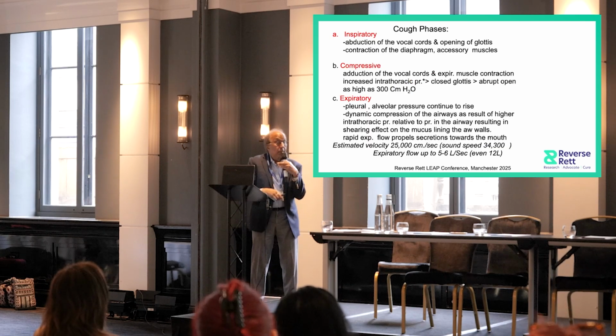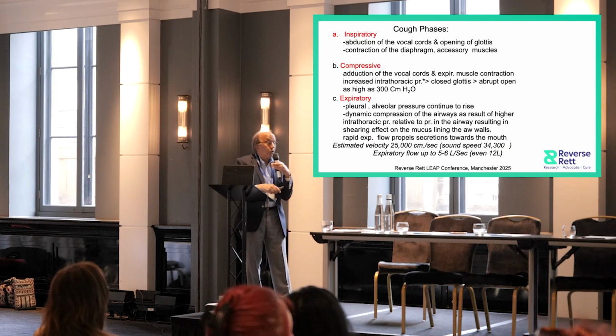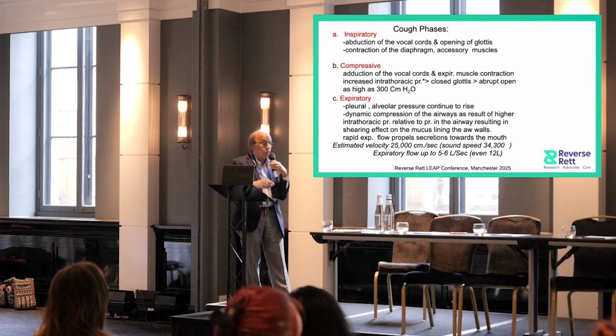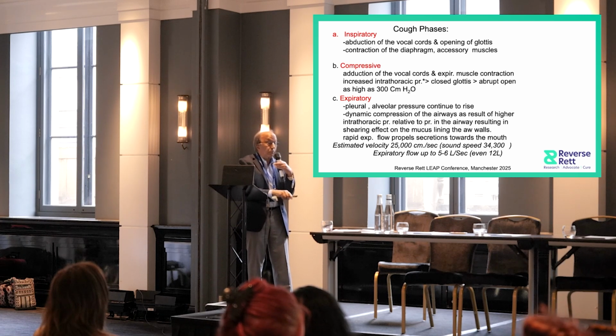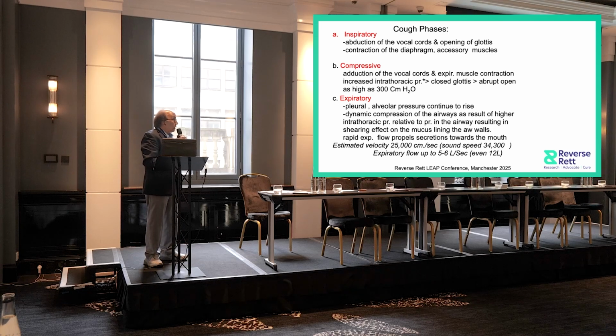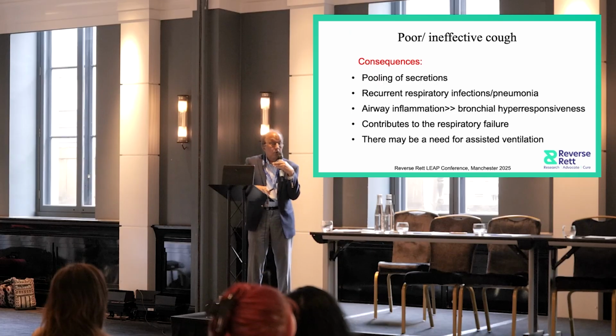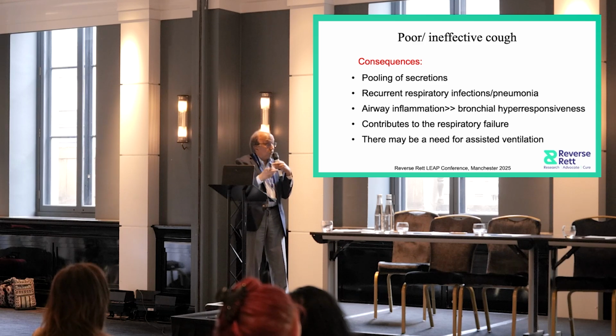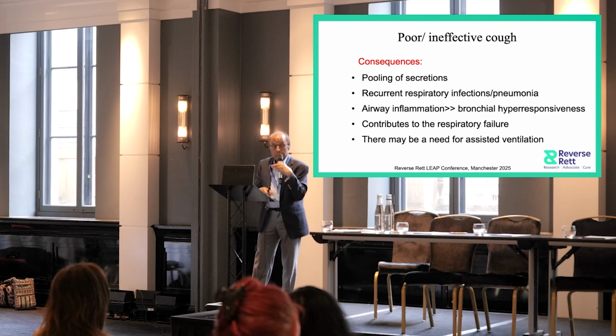The velocity of the air which comes out in a strong cough has been reported up to two thirds of the speed of sound, and the volume you produce up to 14 liters, and that creates a shearing force which takes away the secretions which are stuck in the airway wall. So that's your normal coughing. And when it is affected, it causes pooling of the secretions there.